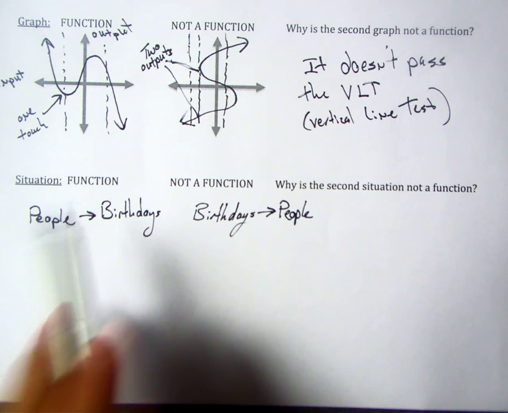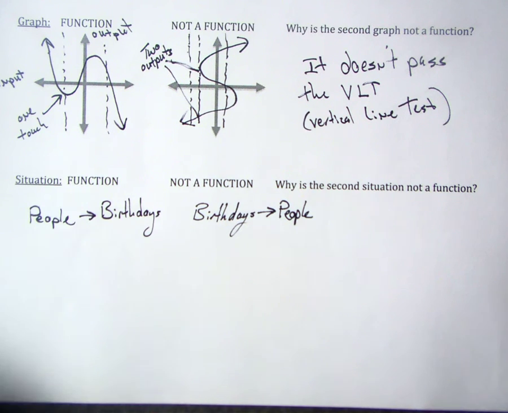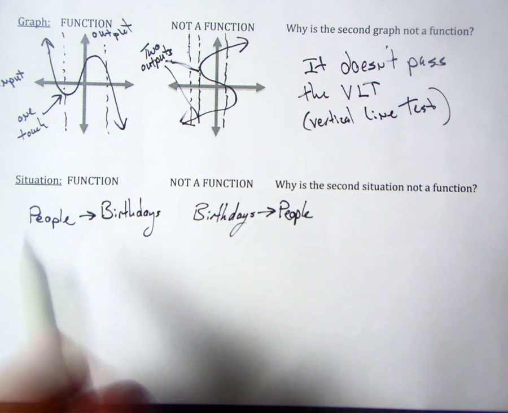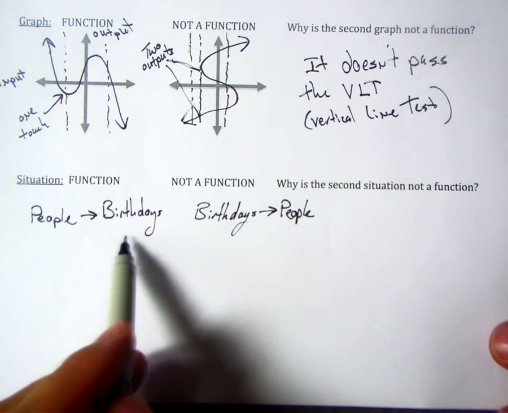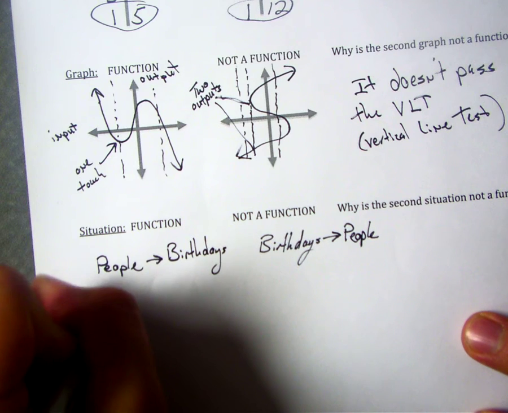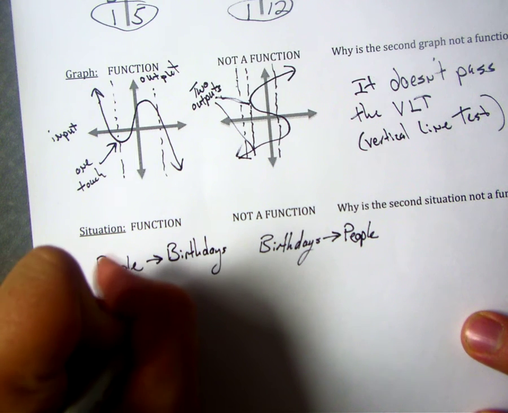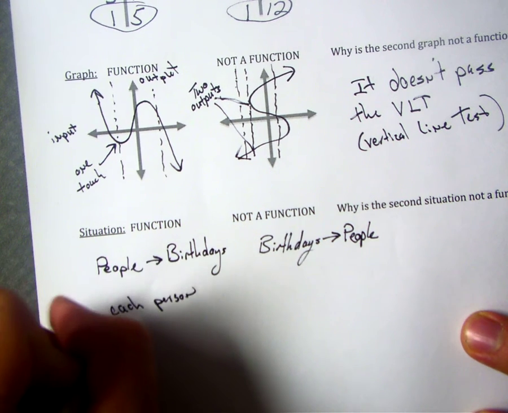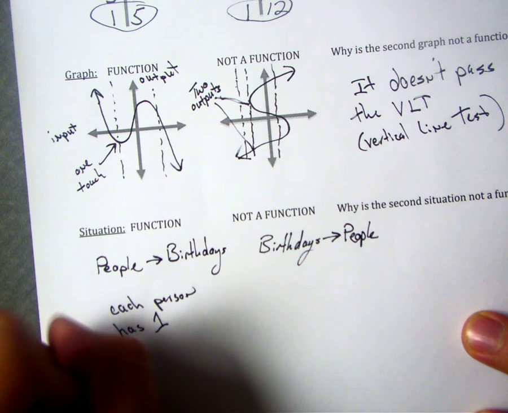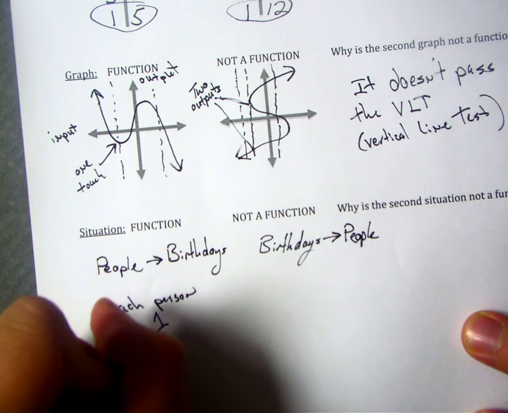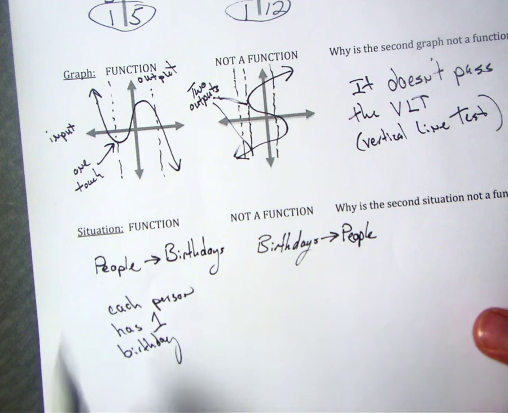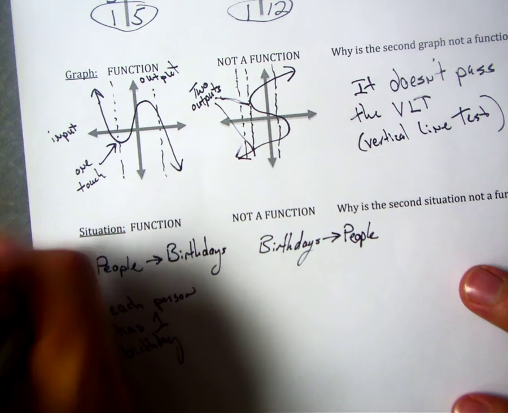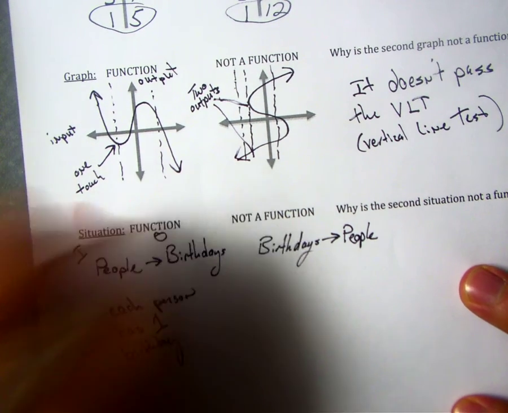Okay. Last one, let's go down to a situation. So in this situation, we've got the function, not a function, and go ahead and copy this down. Pause it if you need to. Now let's talk about it. People and birthdays. All right. Each person has 1 birthday. So for my input, put an I by that, and I'll put an O by this.